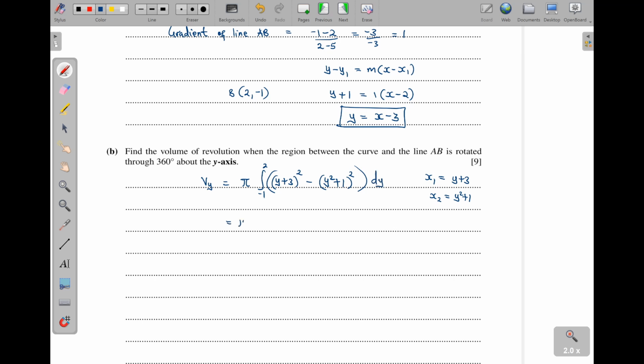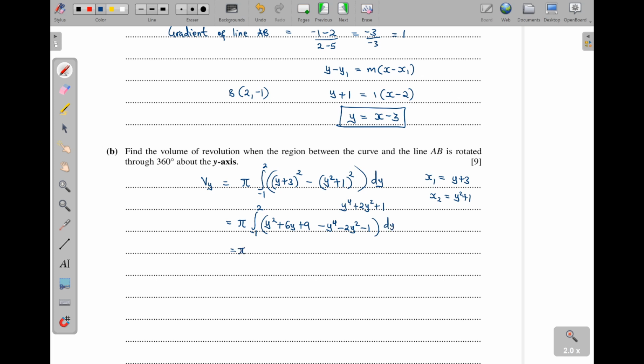Now here we shall have pi. Then of course when we open the brackets here, this one will be y squared plus 6y plus 9. We're integrating from -1 to 2. And this one is going to be y power 4, then plus 2y squared, and then plus 1. But now the negative is going to affect everything here. So meaning we shall have minus y power 4 minus 2y squared minus 1 dy.